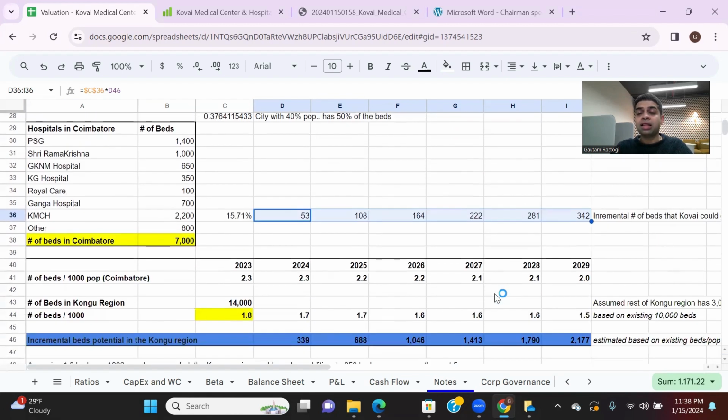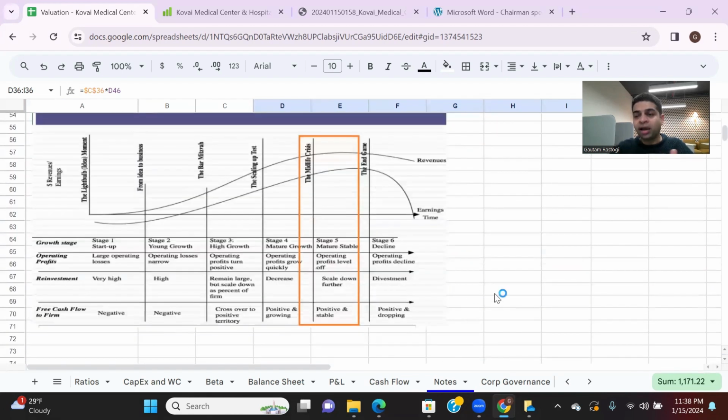If you want to, then you have to give it a higher growth period. I would assume 5 years. But if you are assuming capacity expansion that is going to add more beds, perhaps in the main center, then you don't have to restrict yourself to 5 years. Then essentially you would be assuming that the firm is a mature growth or perhaps even a high growth firm, and your forecast period should not be 5 years, should be 10 years.